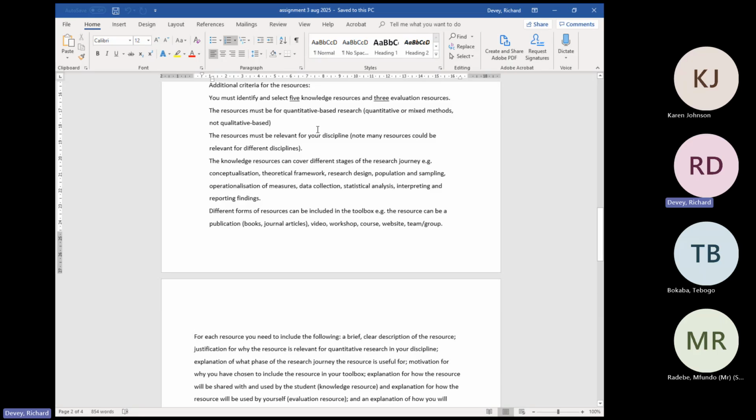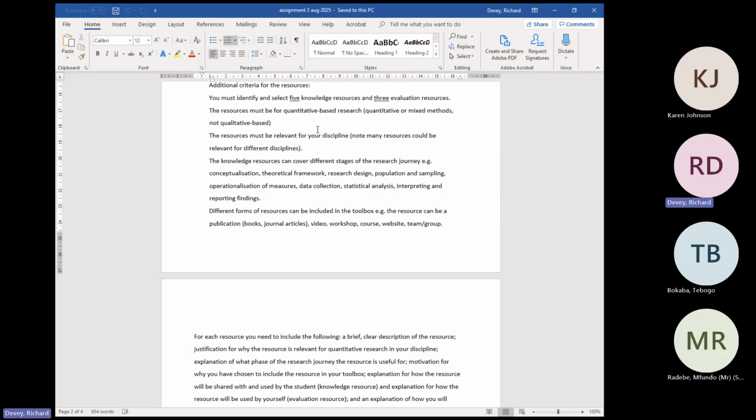Some resources will cut across disciplines. Just as an example, if you wanted to use the chapter by Wetton on developing theoretical propositions, that would be a good resource to use for students. That could apply in any discipline. It's not something particular to social sciences or law, for example.